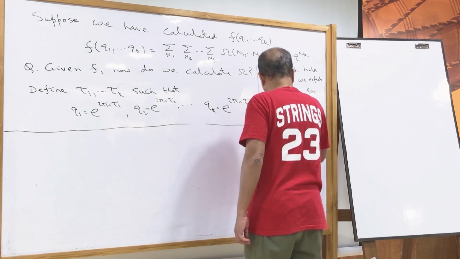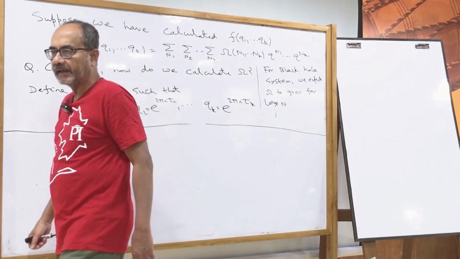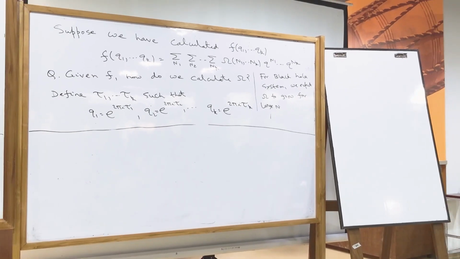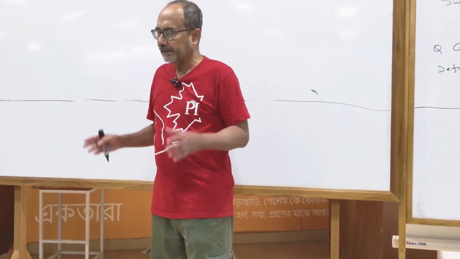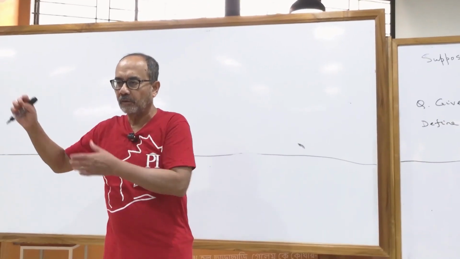In fact, it often grows exponentially, right? Exponential of root n is what we had seen last time, even for that simple system. And I said that growth was not big enough for black holes. But typically, we expect that for the kind of system that you are looking at, omega will become large for large n.